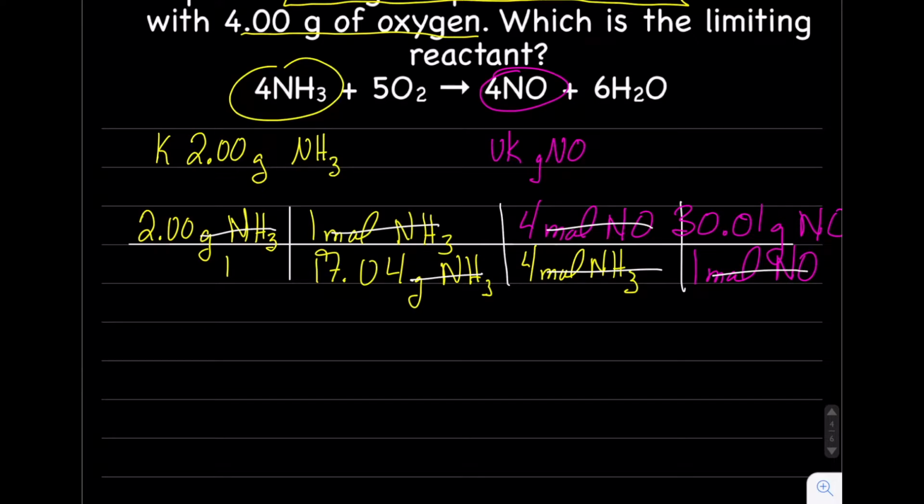So now all we got to do is multiply and divide. When we multiply across the top, we get 2 times 4 times 30.01. And if I'm using my calculator correctly, I got 240.08 grams NO. And when I multiply across the bottom, 17.04 grams times 4, I come up with 68.16.